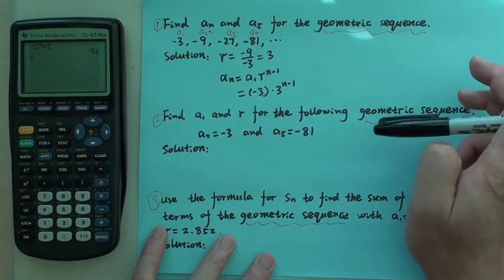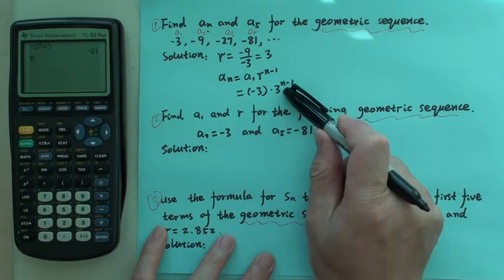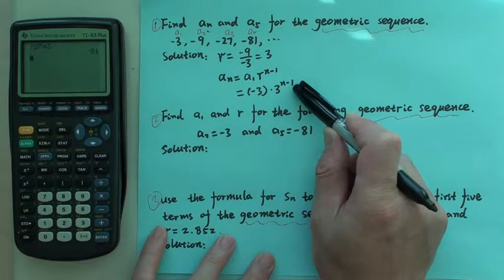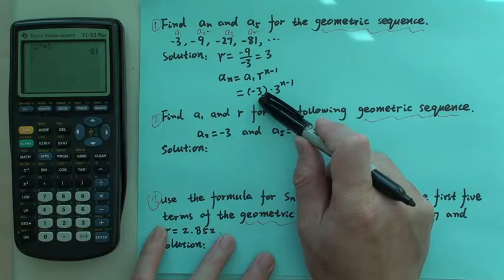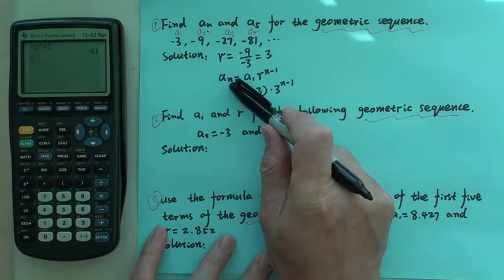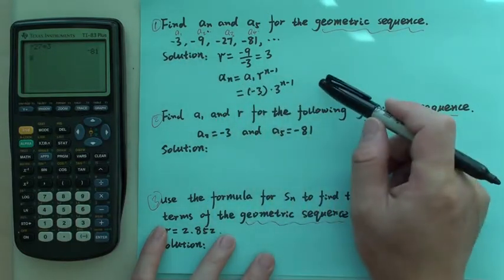Again, if n is 1, 1 minus 1 is 0. 3 to the 0 is not 0, it is 1. So 1 times negative 3 is a1. So this one also works for itself.